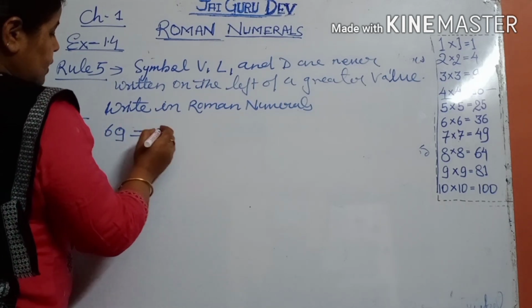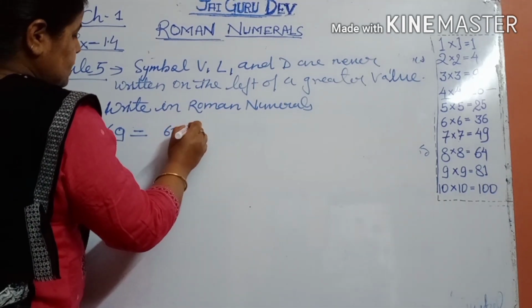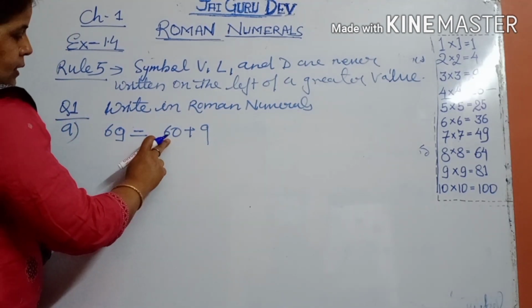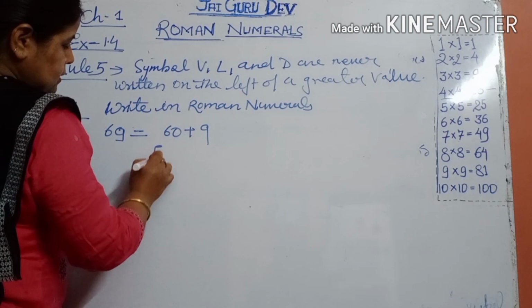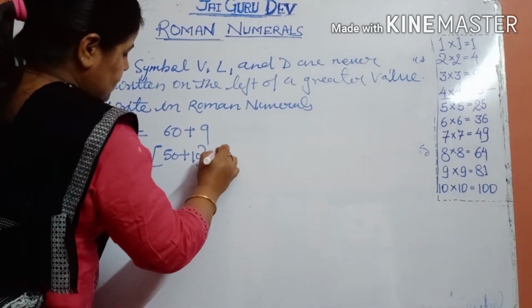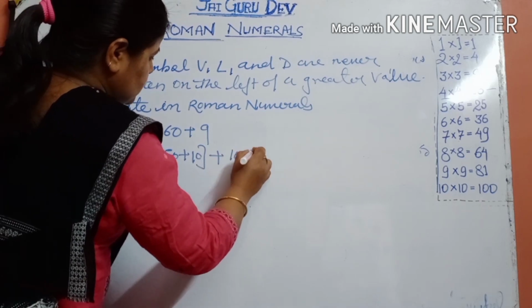We will write 60 plus 9. How can we write 60? 60 can be written as 50 plus 10, and 9 we can write as 10 minus 1.